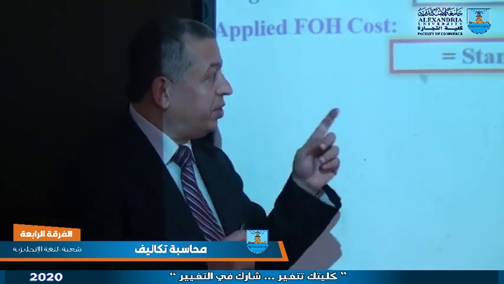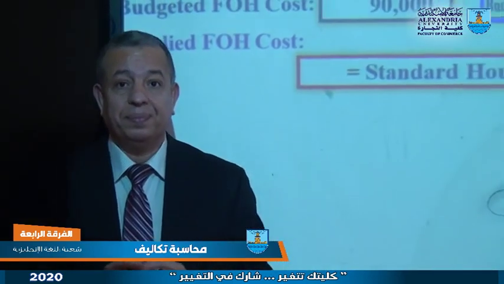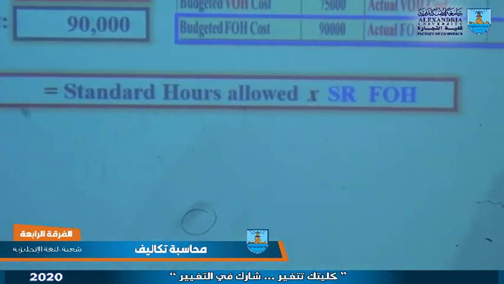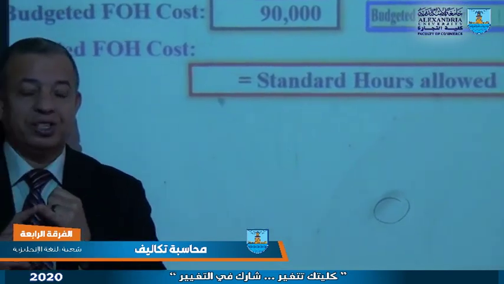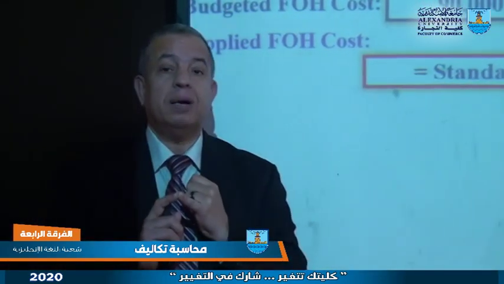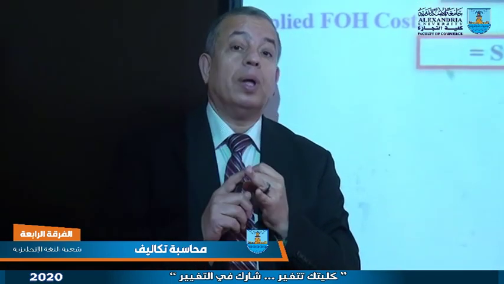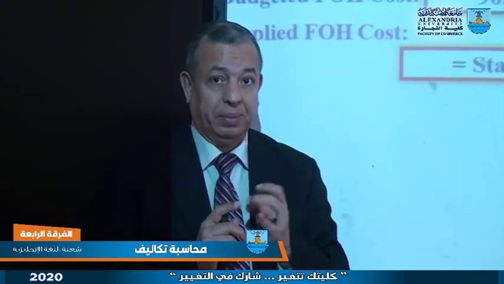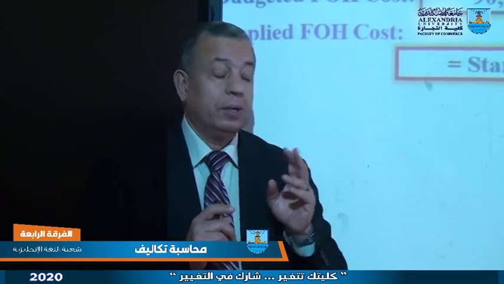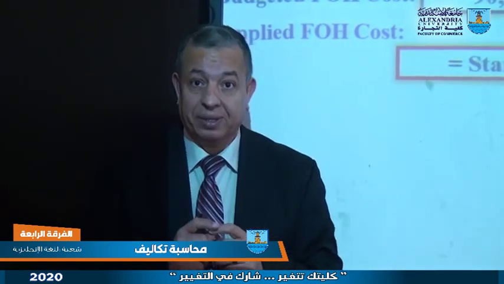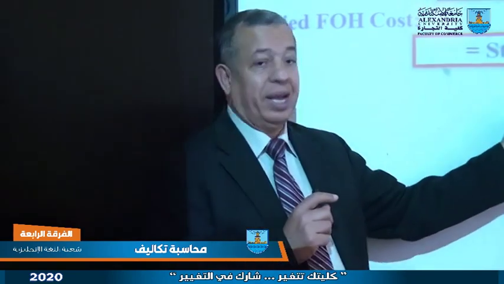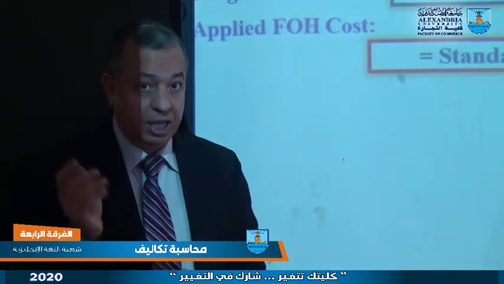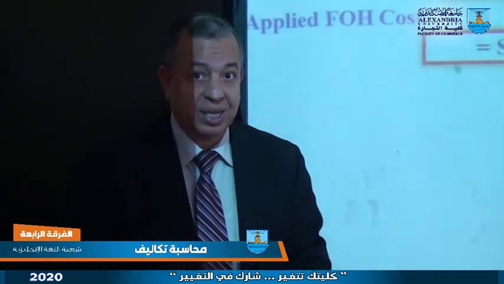I will use them in analyzing direct labor, in analyzing variable overhead, and I will use the same standard hours for actual production to analyze fixed. So I will not calculate this amount again. I calculated it in detail in the previous lecture when I also explained variable overhead variance analysis, okay?